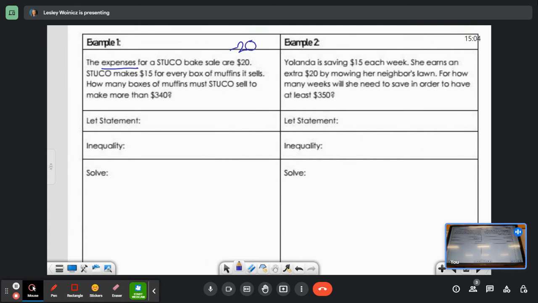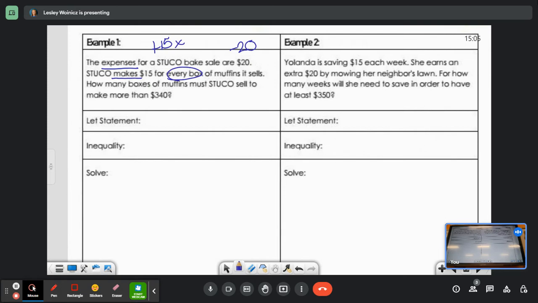Now the next thing is that Stucco makes $15 for every box of muffins. What does makes tell me compared to expenses? Positive. Positive 15. And if it's every box, it gets an x. Okay, there's half of my inequality written right up there, right?